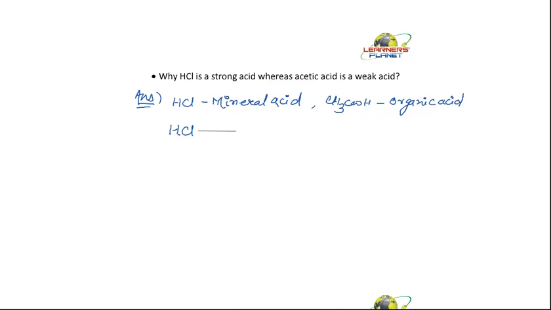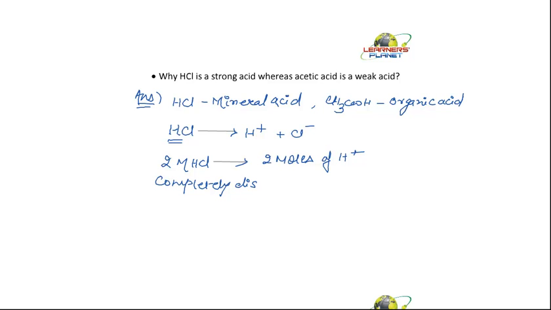It will completely dissociate and will form H plus and Cl minus ions. So whatever is the concentration of HCl, say I am taking 2 molar HCl, how much H plus ion will I be getting? I will be getting 2 moles of H plus only. That is, it is completely dissociated, right?